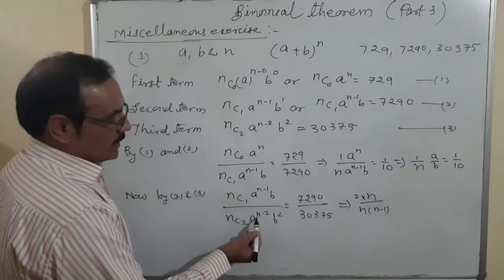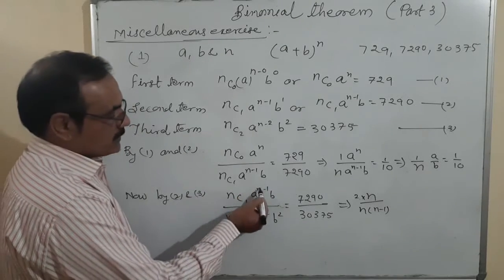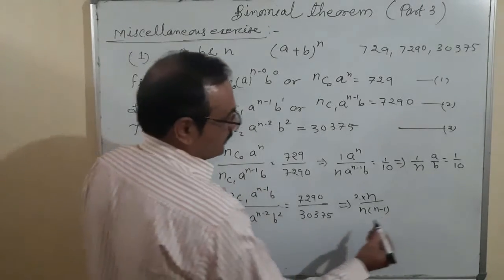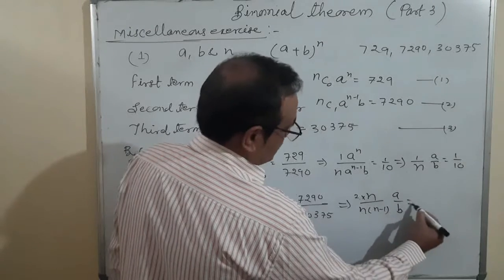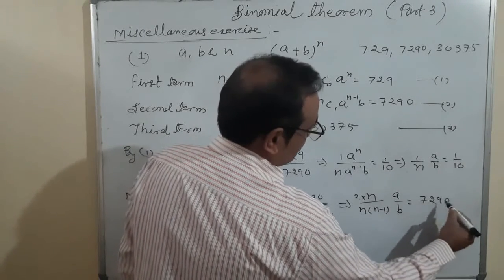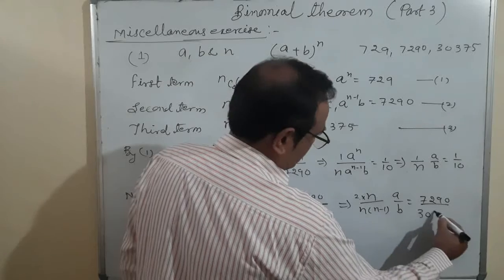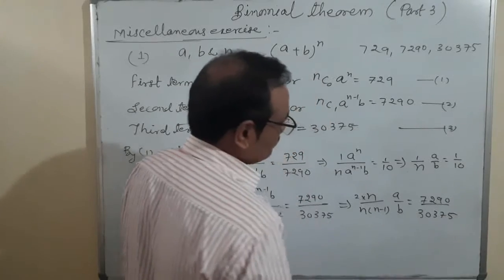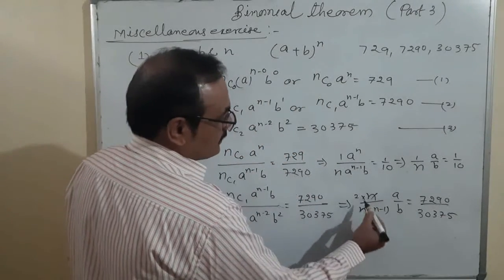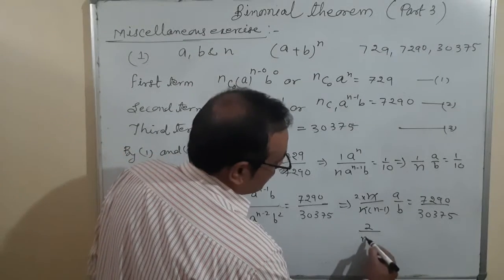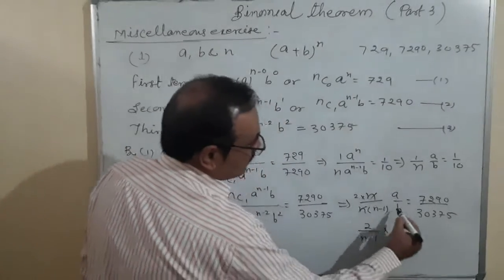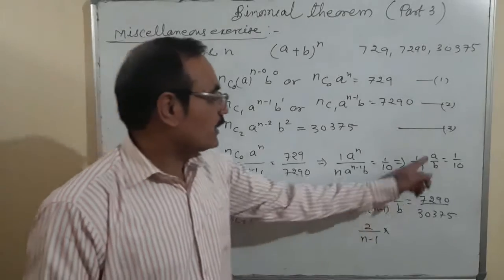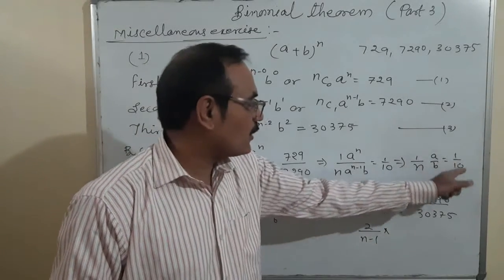A to the power n minus 1 minus a to the power n minus 2, it is coming here, a upon b is equal to 7290 upon 30375. So n cancels, 2 upon n minus 1 multiplied by a by b.